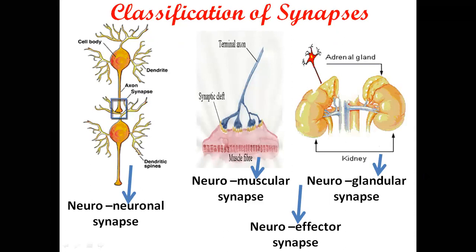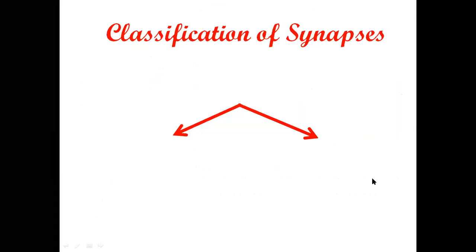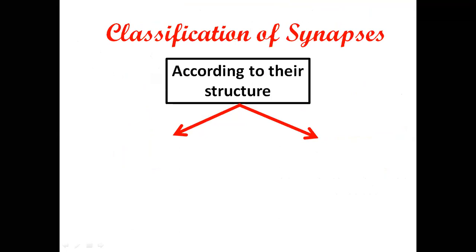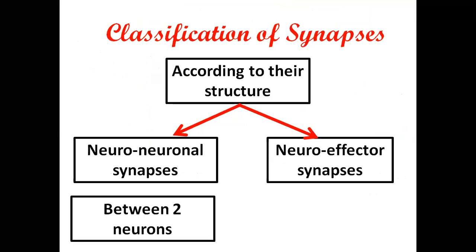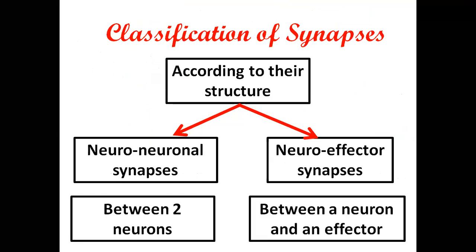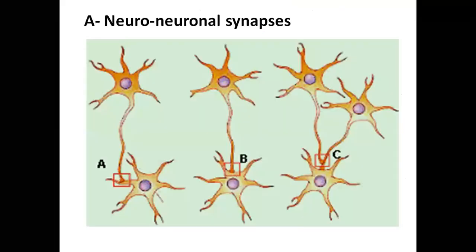These neuromuscular and neuroglandular synapses are called neuroeffector synapses, since they are between a neuron and an effector organ, either a muscle or a gland. So classification according to structure is either neuronal, between two neurons, or neuroeffector, between a neuron and an effector organ like a muscle or a gland.